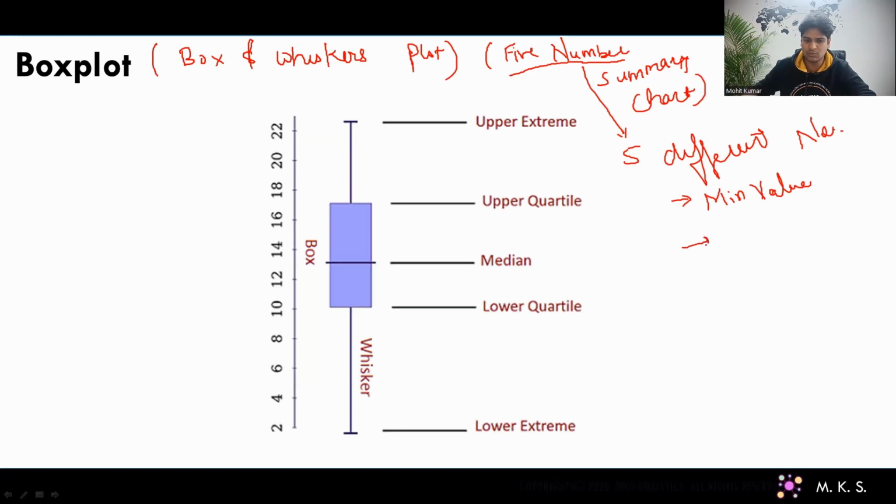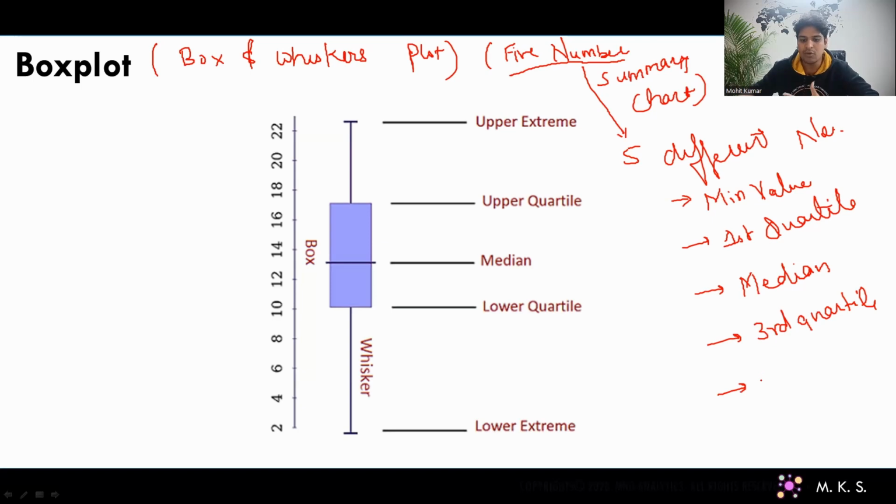Then it shows the first quartile. I hope you understand quartile; in the last video only we introduced this. Then it tells you about the median. Then the third quartile. And finally, the 5th number it gives you is the maximum value.